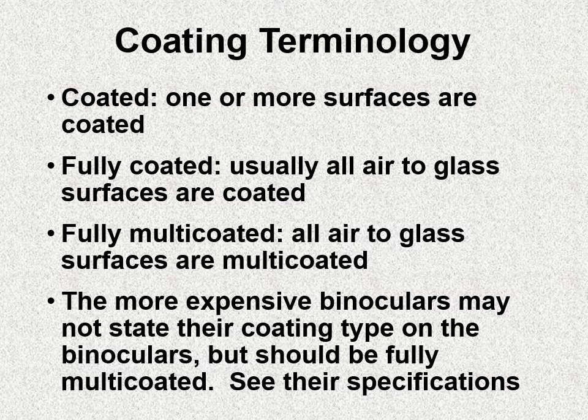There's lots of terminology about the coatings. I don't think this is regulated. What you want in a binocular is a fully multi-coated binocular. And the more expensive binoculars don't even have on the binocular what the coatings are. You need to look at the specifications. But if you're spending a couple $100 to a couple $1,000, and you've done your work and looked at the reviews, you can assume that they're well coated.